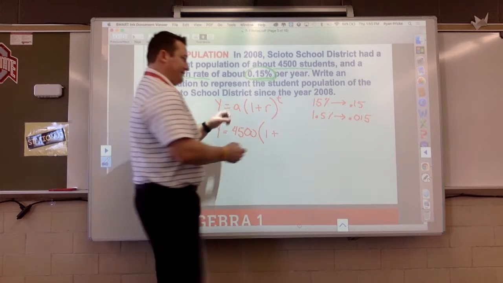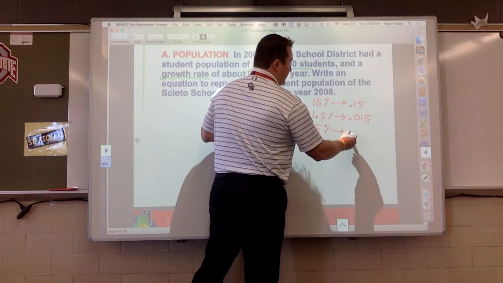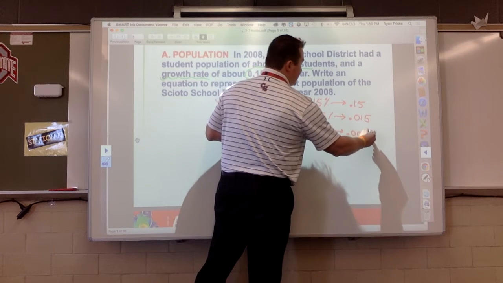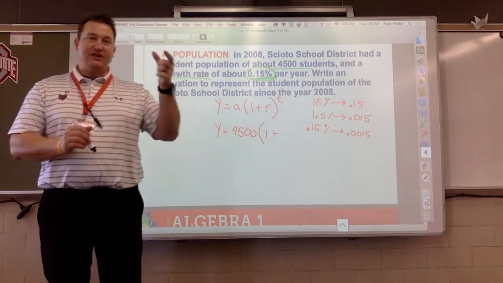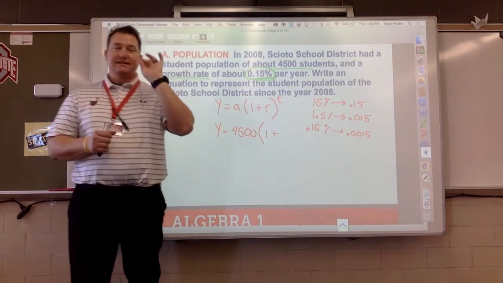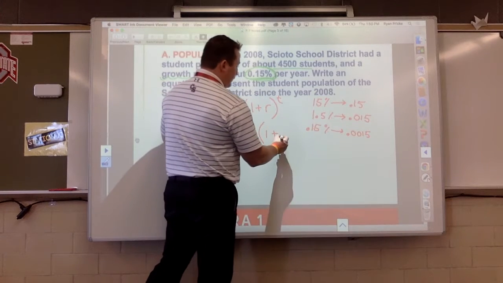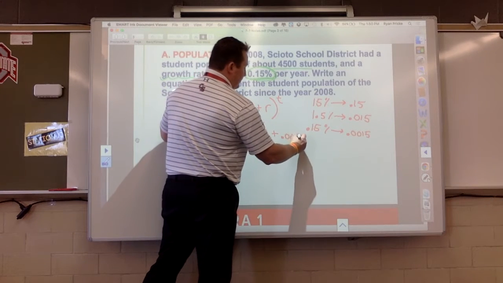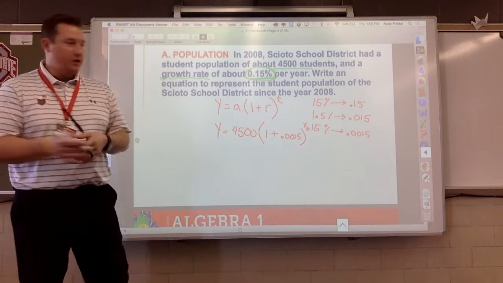But this is 0.15%, so it's got to be 0.0015. If you're not sure how to change a percent into a decimal, divide that number by 100. So we're going to add 0.0015 to this number, and then of course it's to the power of x or t, whatever you prefer.